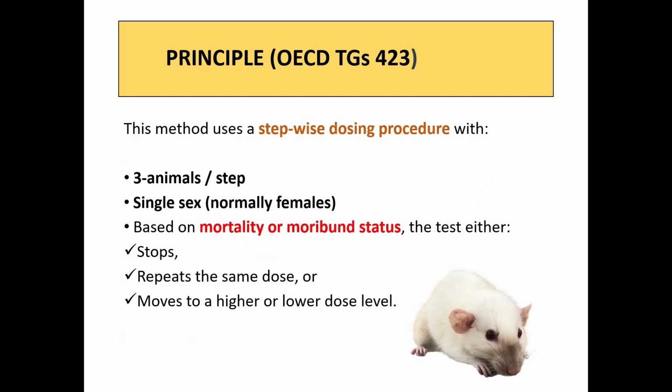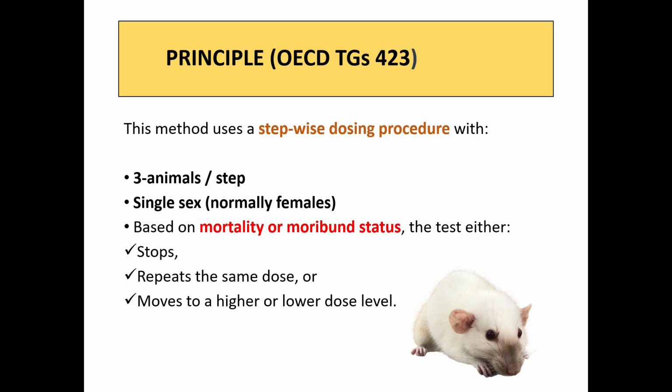Next is the principle. What is the principle for doing this method? This method uses stepwise dosing procedures. First of all, you give the chemical dose to 3 animals, and generally we use females here because they are more sensitive than males, so we can observe the signs of the chemical or drug more easily in females.